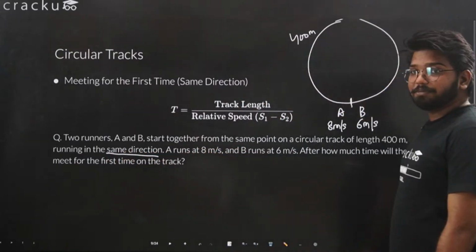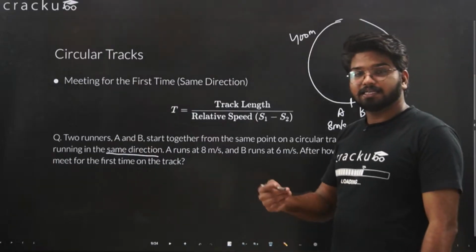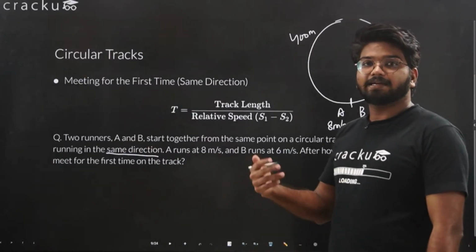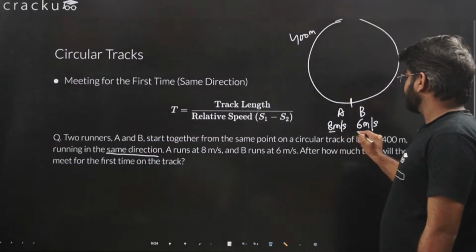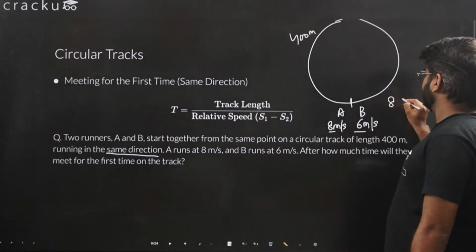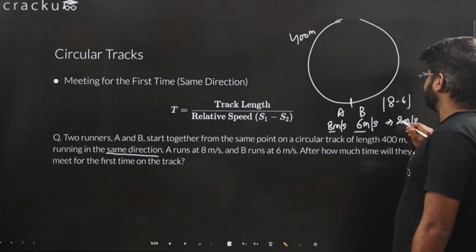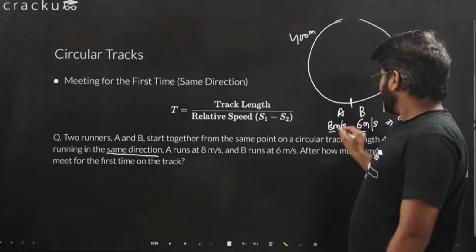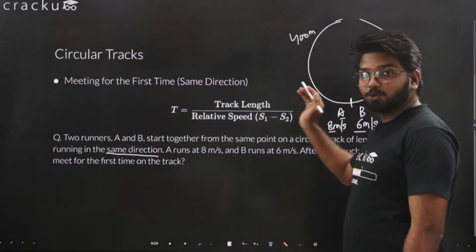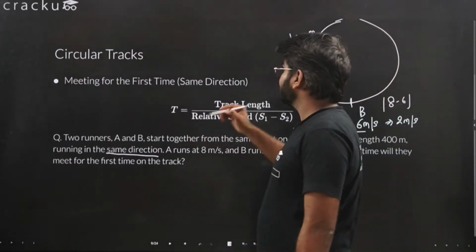If they are running in the same direction, for every second the difference will increase by 2, because the difference of their speed is 8 minus 6. So their relative speed will be 2 meters per second. And again, A needs to cover the whole track to reach B to meet him for the first time.